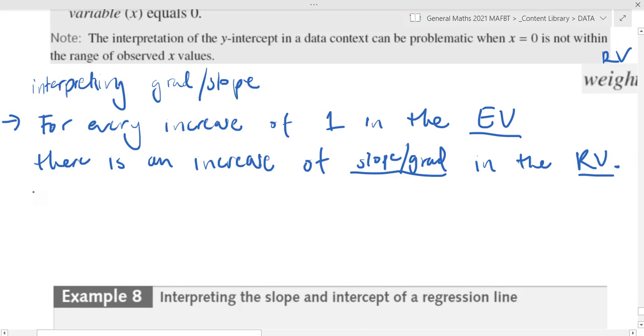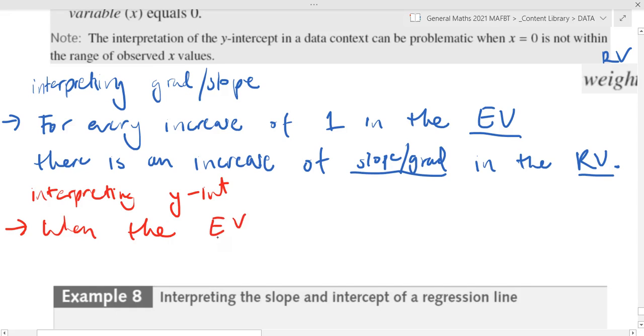The other one you need to interpret is the y-intercept. So when you do the y-intercept, this is what I normally do: when the EV, so whatever the EV is, is 0.